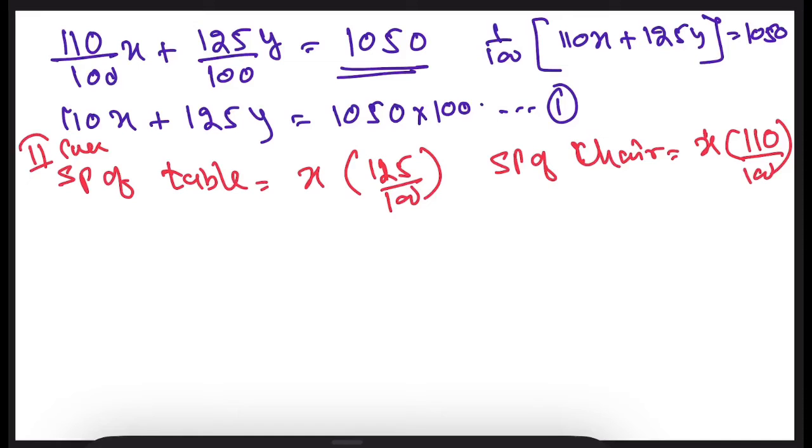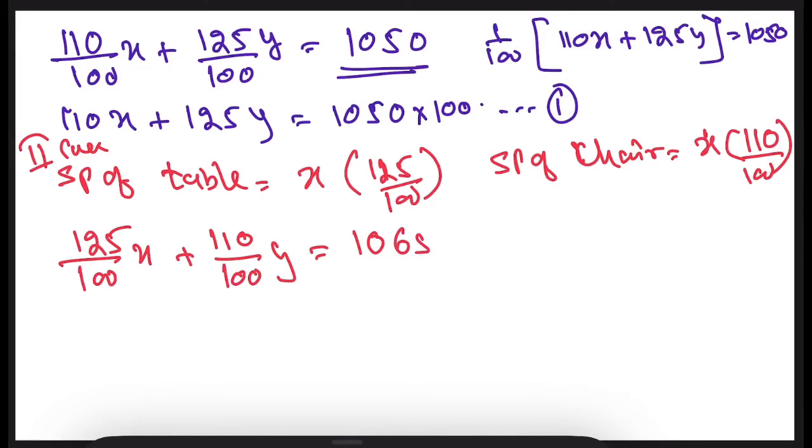So, together how much? 125 upon 100 x plus 110 upon 100 y equals to 1065.